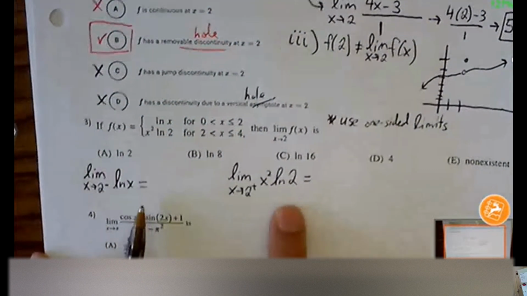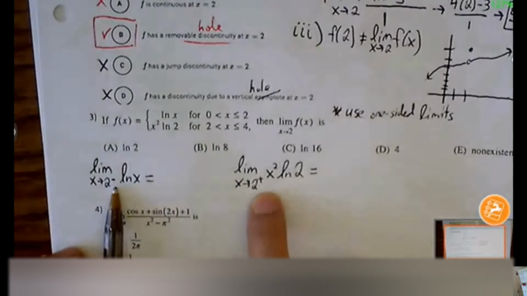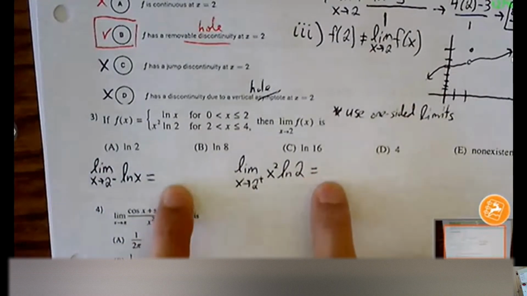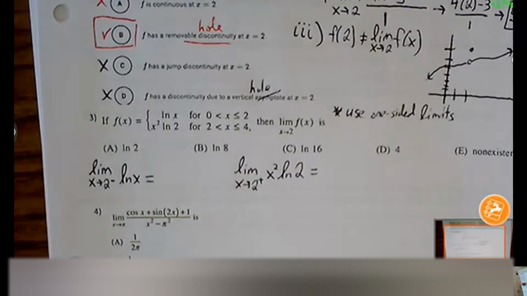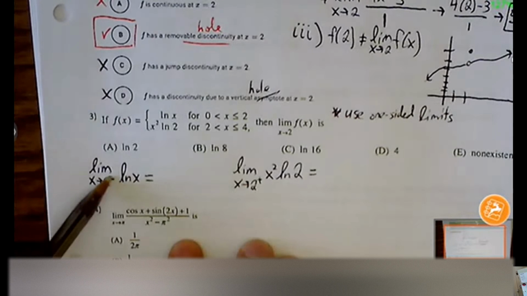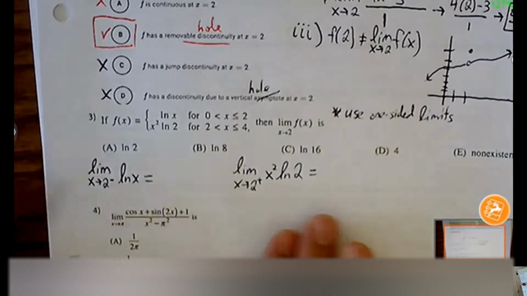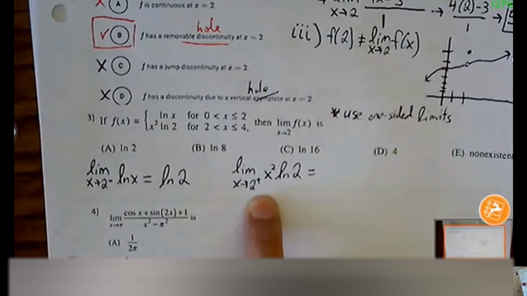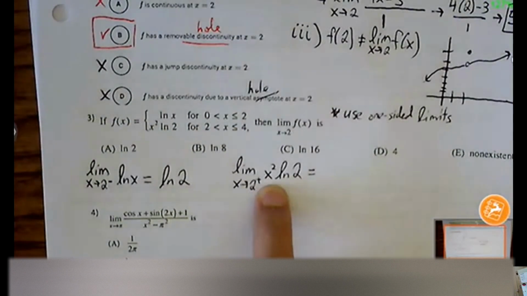Okay, we have 2 separate directions. We're going to evaluate each of these one-sided limits separately and see if they are in agreement. If these values are in agreement, we know that they're both headed towards the same y value, and we know the limit exists. So 2 goes in for x. Don't worry about the decimal. We're just going to do whole numbers initially. So natural log of 2. We'll enter 2 in for x here as well. I get 2 squared natural log of 2.